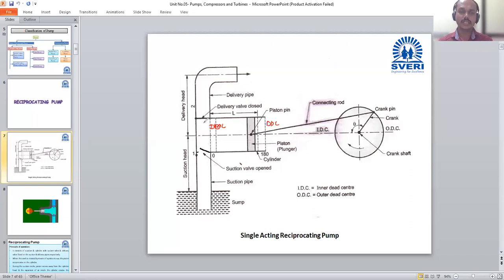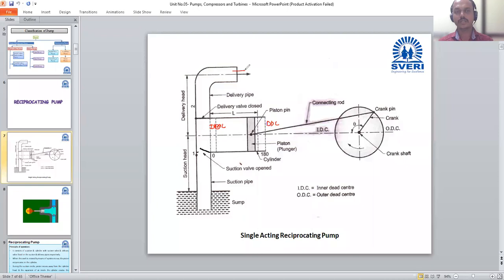Similarly, on the other end, the delivery valve is there, which is fitted with the delivery pipe. Now the suction head means the height from the water surface to the center of that cylinder. This one is the suction head, and from that center to the delivery height is the delivery head.